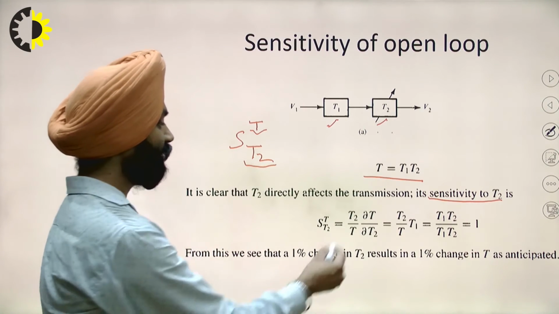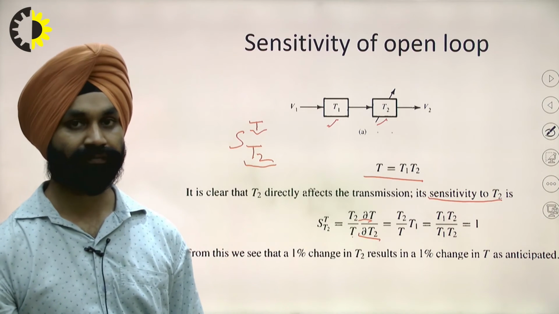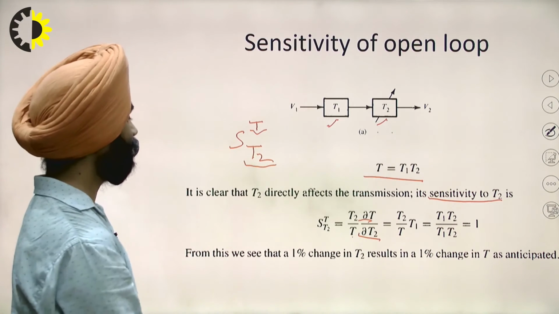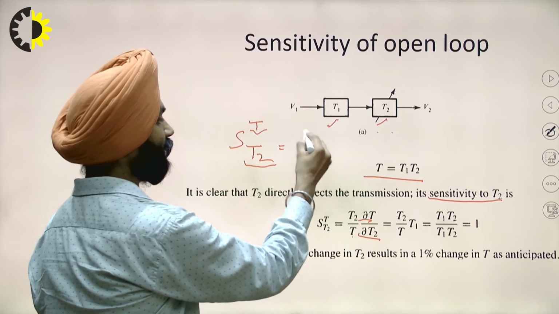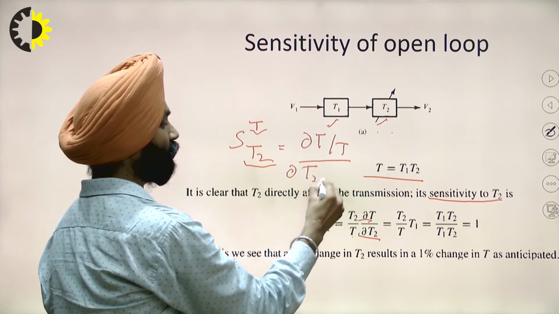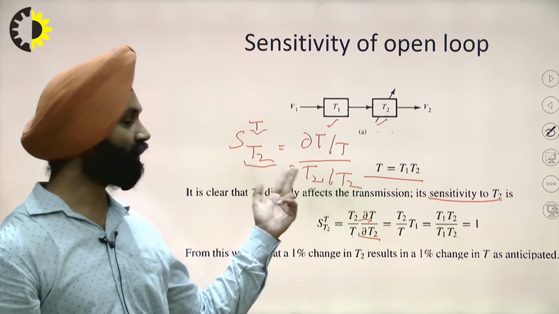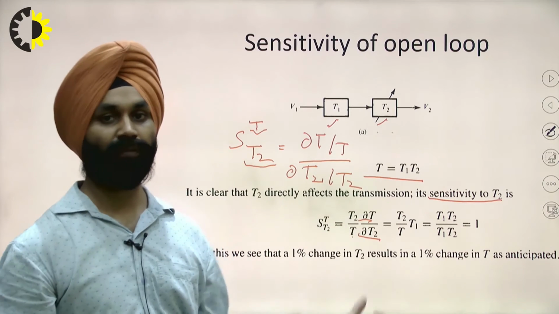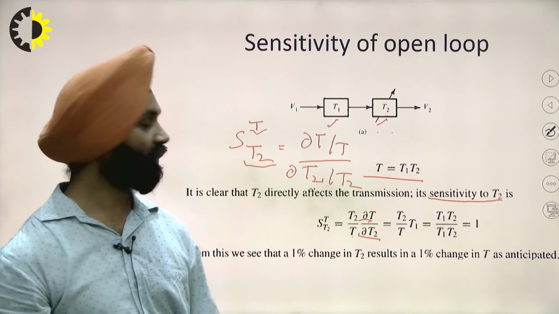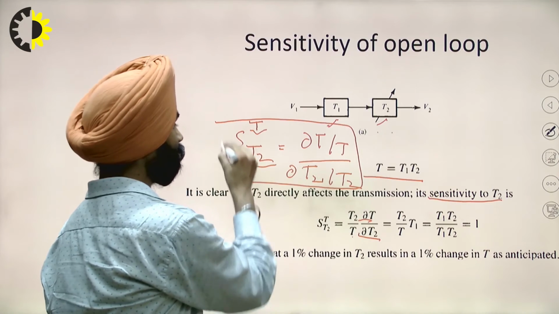So I can write it as delta T by T divided by delta T2 by T2. As from the previous case, this is the variability of total transfer function with the variability of the component which is varying. Here T2 is varying, so this equation can be rewritten in this way.